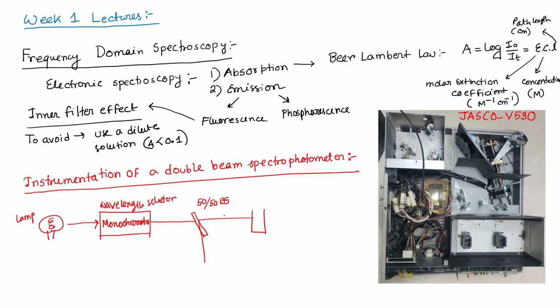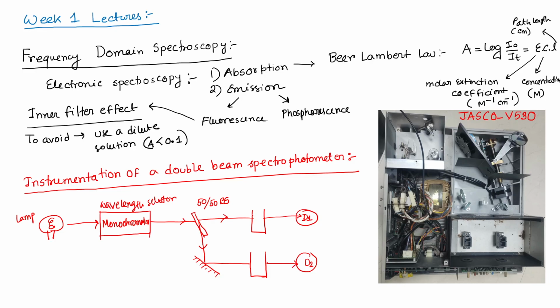One is transmitted, and another mirror will reflect the other here, and there will be another cuvette, and then there is a detector. Suppose this is detector 1, this is detector 2.